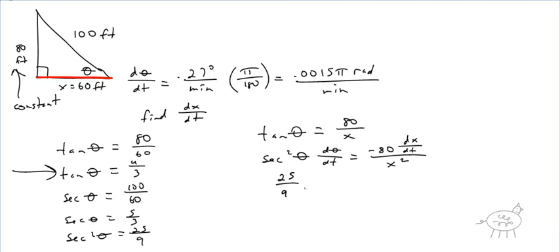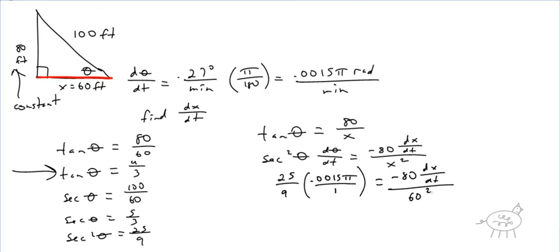Pretty sweet. Of course, d theta dt is 0.0015 pi radians per minute, so I can just say that over 1. And that's equal to negative 80 times dx dt over, and our value of x is going to be 60, squared.